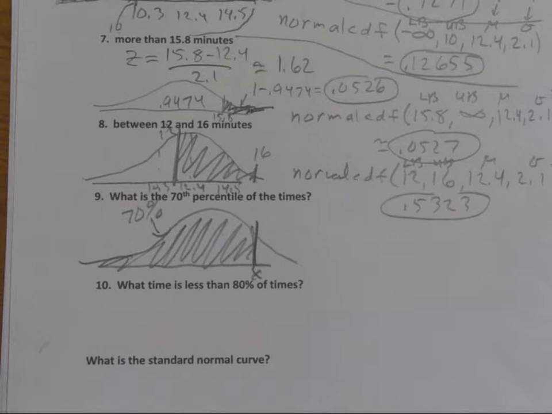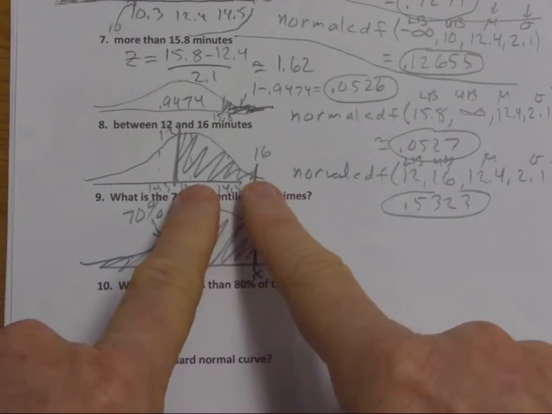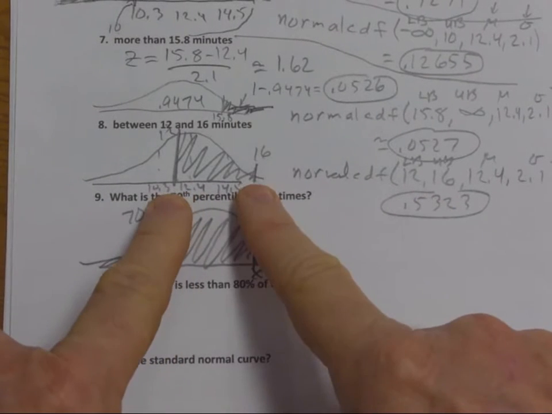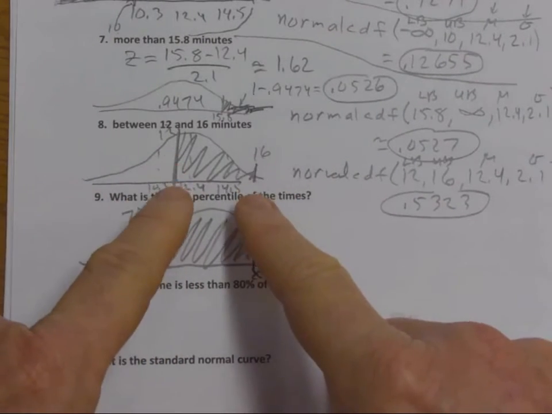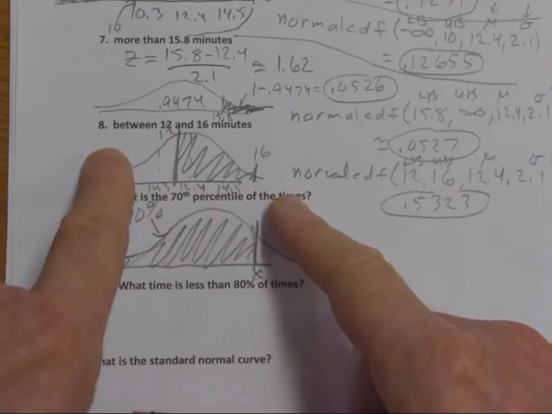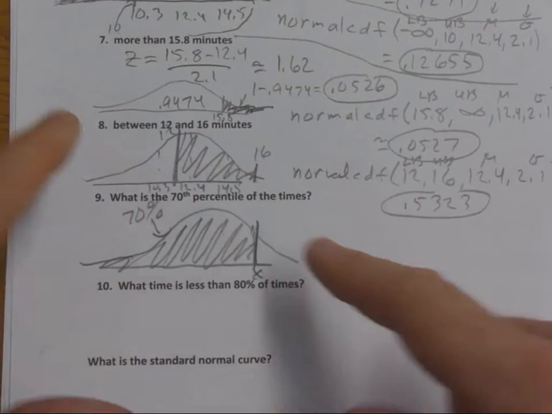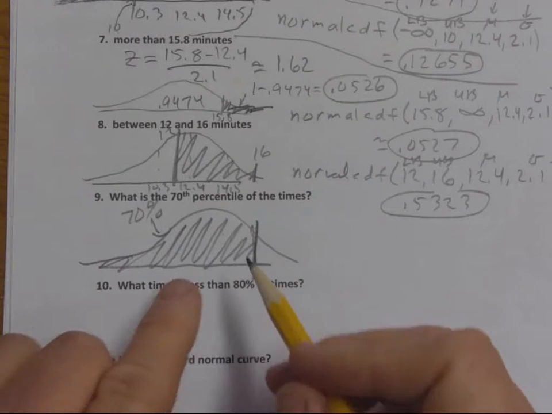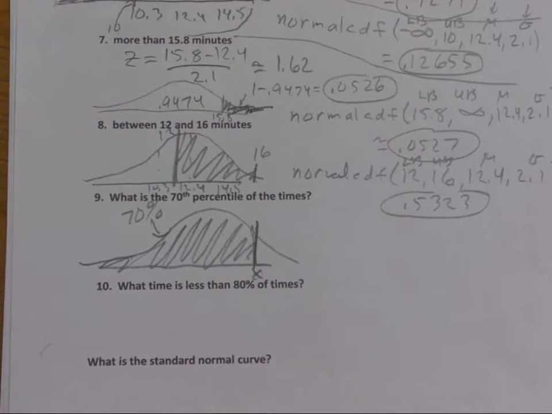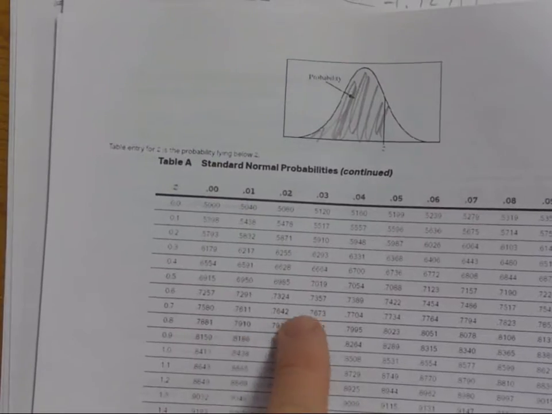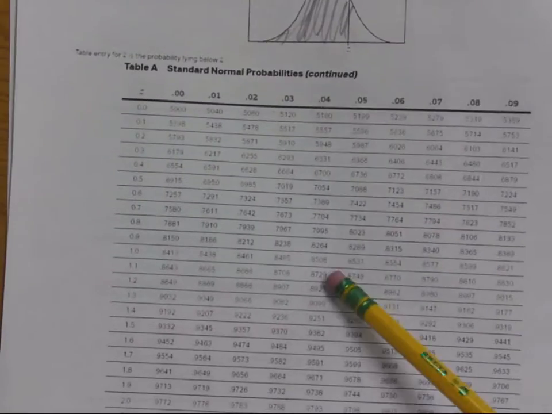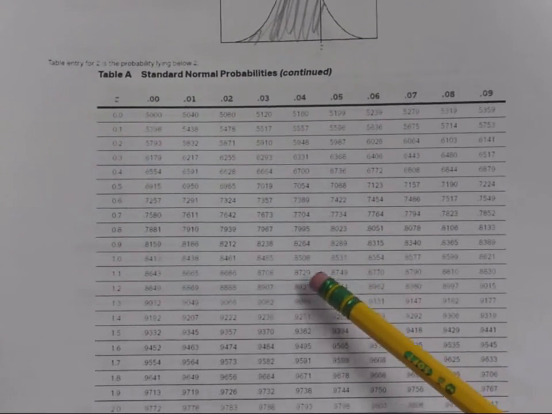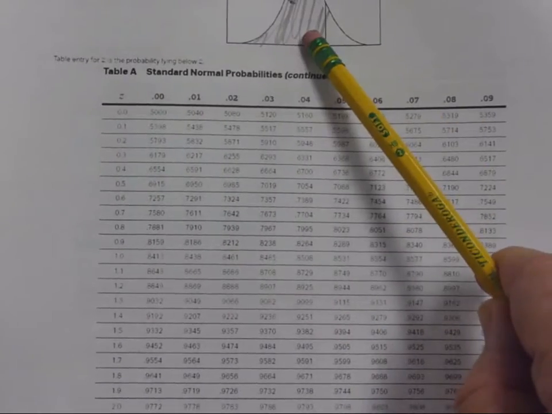Actually, I'm sorry, going back to this problem, if you're doing this by the table, what you would do is find the z-score for both of these values, find the area to the left of both these values, and subtract those two areas. So what we're going to do, using the tables to find the 70th percentile, is use this table to estimate the z-score for 70%, realizing all the values in this table are areas of a curve.